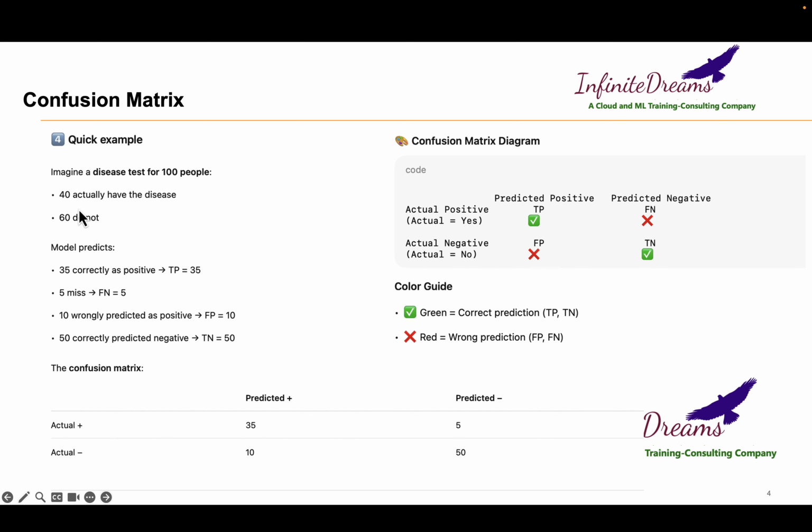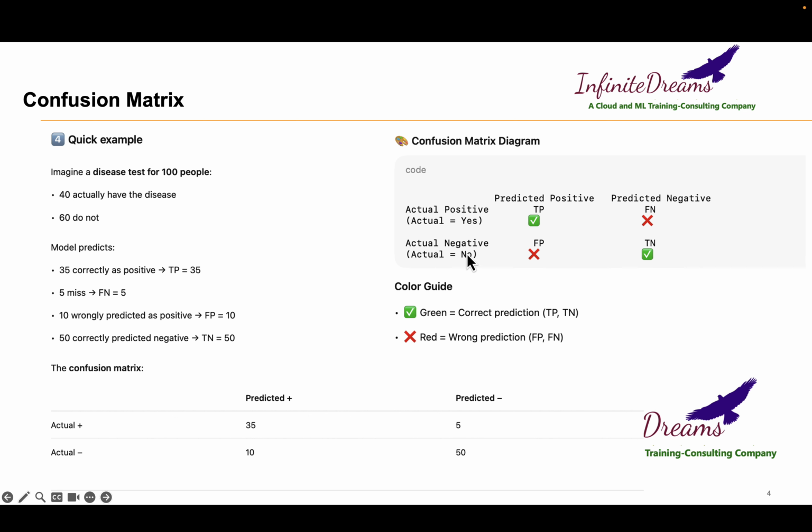This is the real data. 40 people have the disease, 60 people do not have the disease. When we say actual, this row sum should be 40, because these are the 40 people who have the disease, and the other actual row, the 60 people who do not have the disease, should sum to 60. Here we are doing the model prediction. Here the model has predicted positively and here the model has predicted incorrectly.